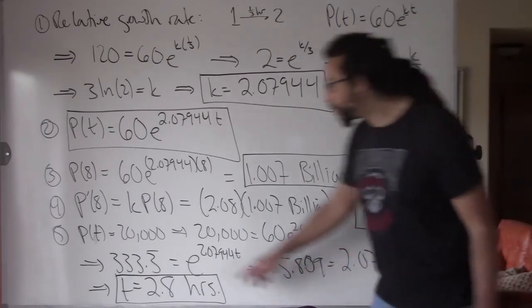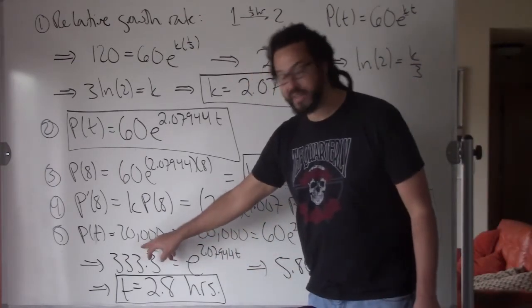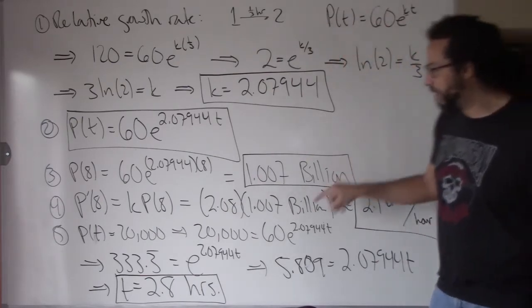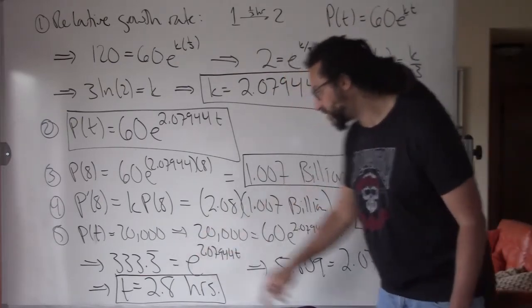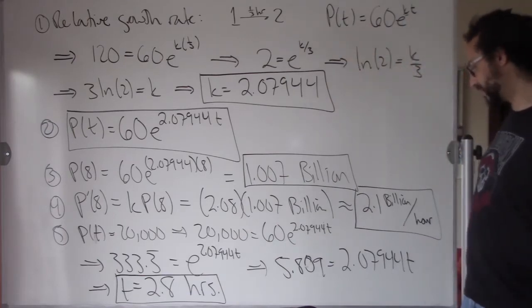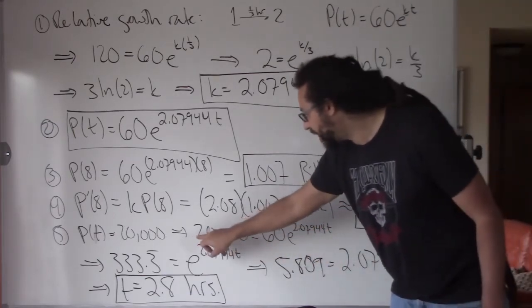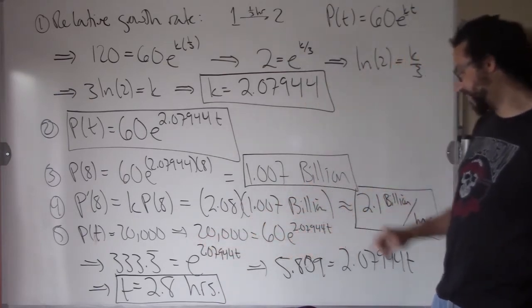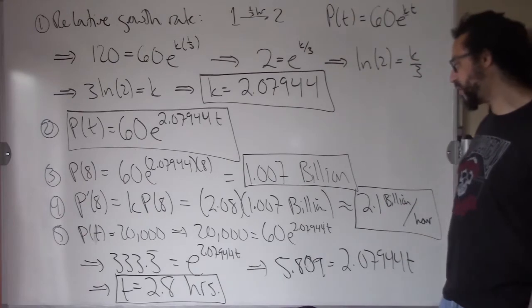And then when will the population reach 20,000? So solve for t, right? Any question that asks when, you want to solve for time. So when will the population be 20,000? So we write 20,000 is equal to 60 e to the k times t. We just need to solve for t.